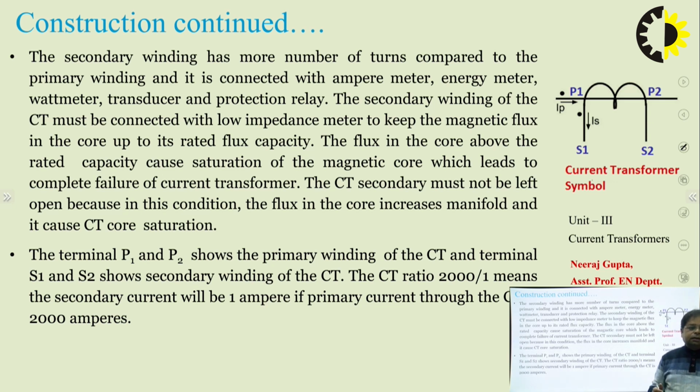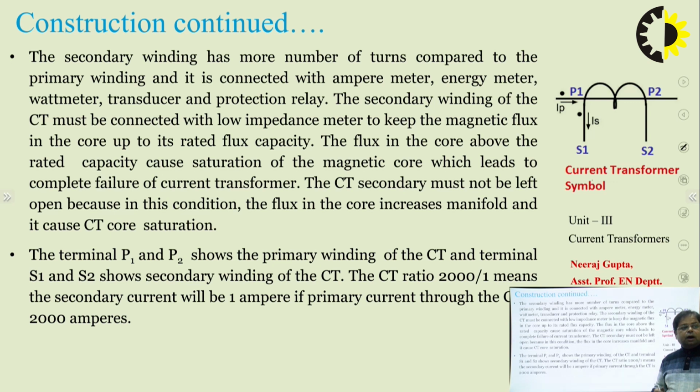In general, the output, that is the secondary of a current transformer, is always kept at a small voltage. The CT must be connected with a low impedance meter, as I told you, to keep the magnetic flux in the core up to its rated flux capacity.